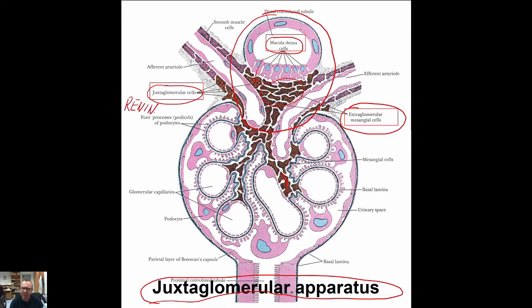It is a peptide which is secreted by juxtaglomerular cells into the blood, and it stimulates the conversion of angiotensinogen into angiotensin. It is another enzyme. This conversion is done in the lungs, and angiotensin then has two functions.